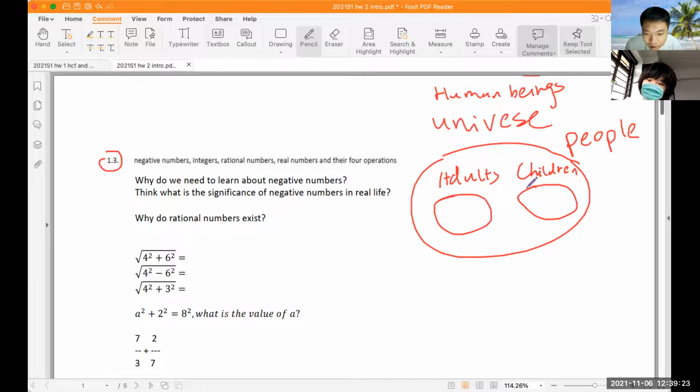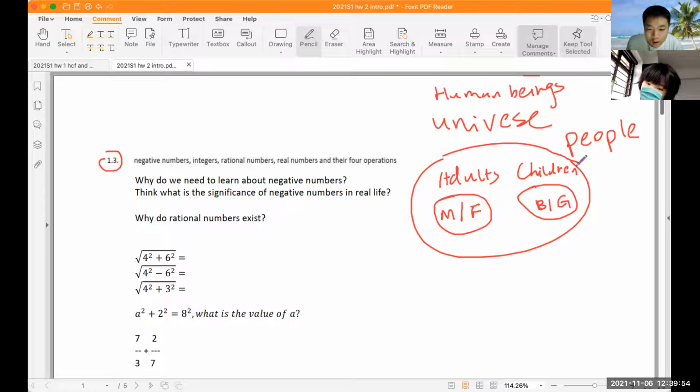Within adults and children, you have male and female. Of course, you can categorize as elderly, middle-aged people, and all sorts. But I would like to categorize them into genders first. You have male and female. Then for children, you have boy and girl.